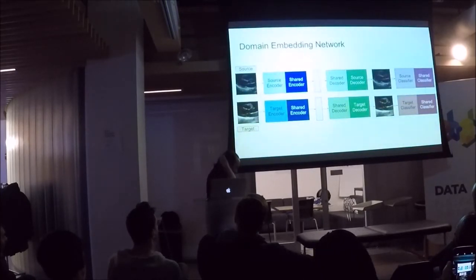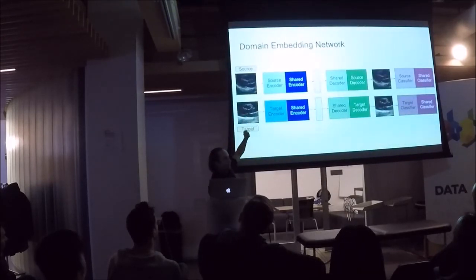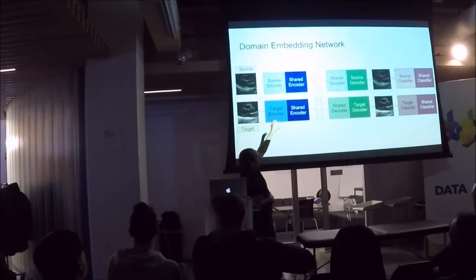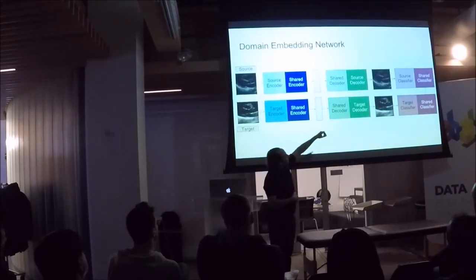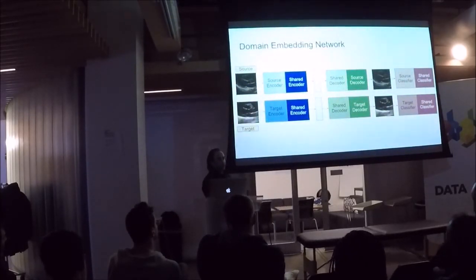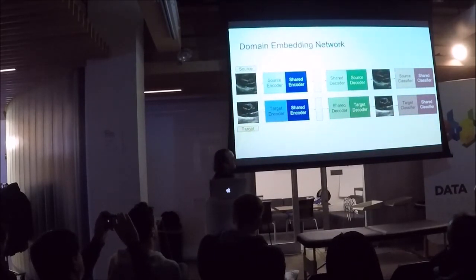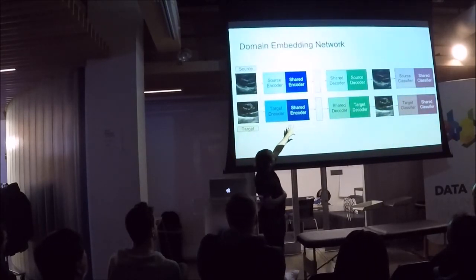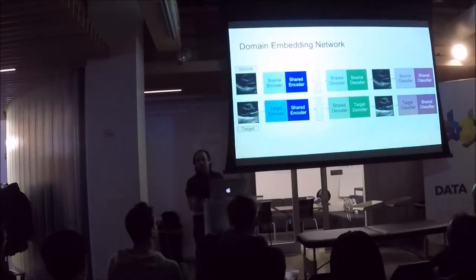In a nutshell, there's really two major components to this network. There's an autoencoder for our source domain, and there's an autoencoder in our target domain. Okay, so we have our source image. Our source encoder encodes it as some sort of hidden vector. The decoder decodes it back to the original, and we're going to train it to reconstruct the source. Same thing with the target. And there's something very particular about this architecture, which is that most of the encoder and the decoder are shared among both source and target domains.